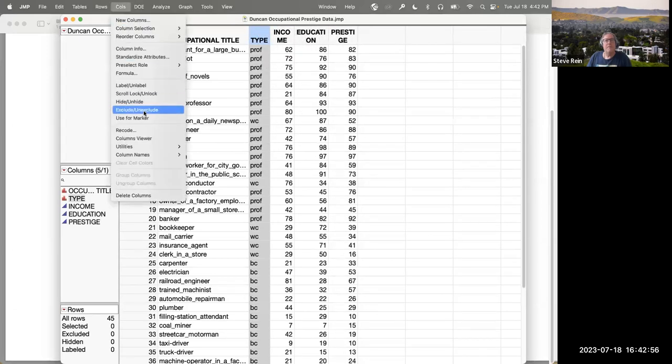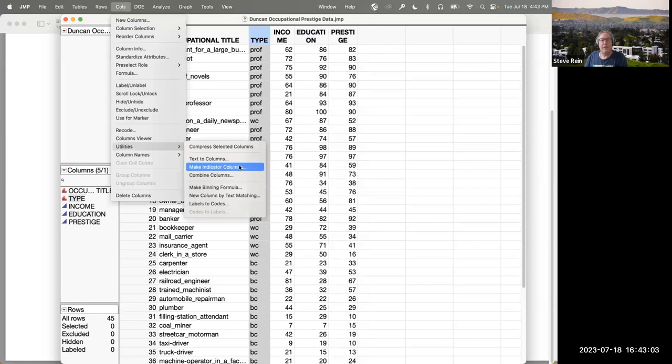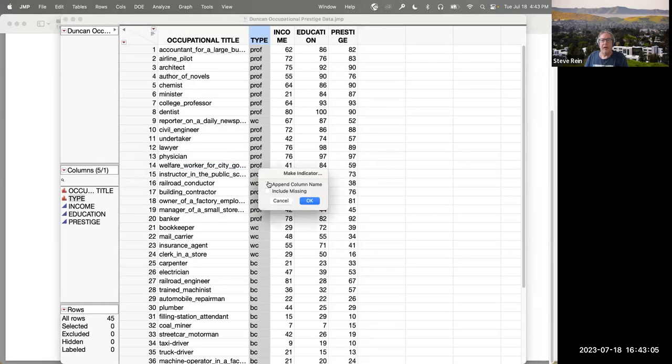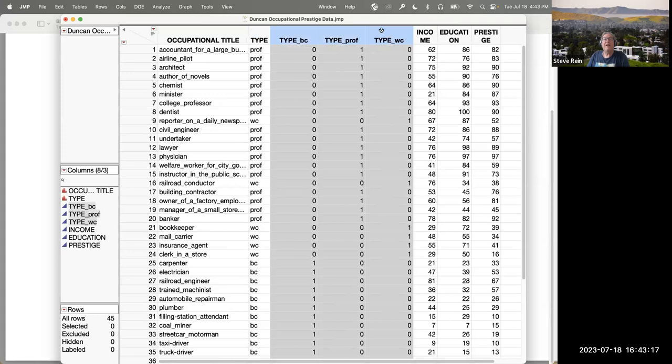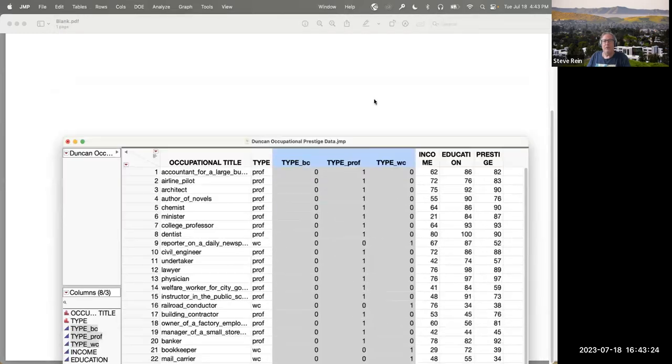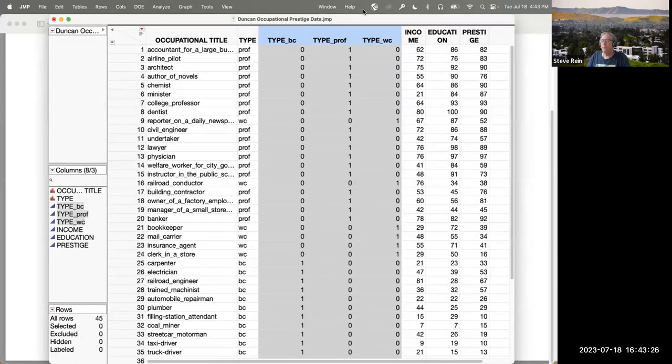Under columns, under utilities, I'm going to say make for me some indicator columns. And I'm going to go with the column name appended. So that says it's a type blue collar, or a type professional, or a type white collar. And again, you don't need all three of these. Any two of these would allow you to know which group they are from.